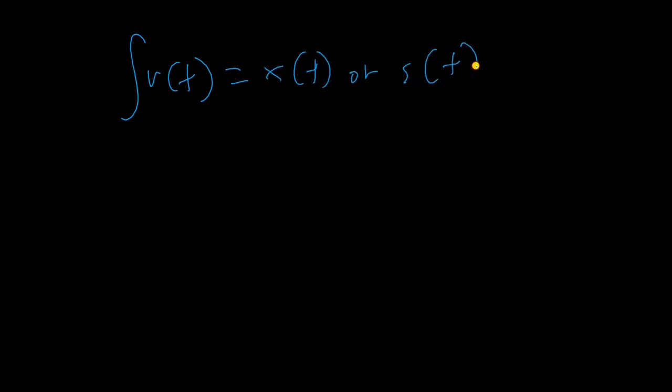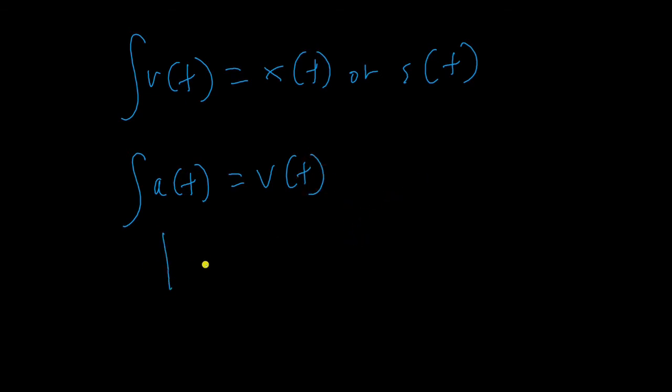We already talked about rectilinear motion, but now let's revisit it after learning about integration. So knowing those two things, the integral of velocity is position. You might see it as x of t or s of t. And the integral of acceleration is velocity.